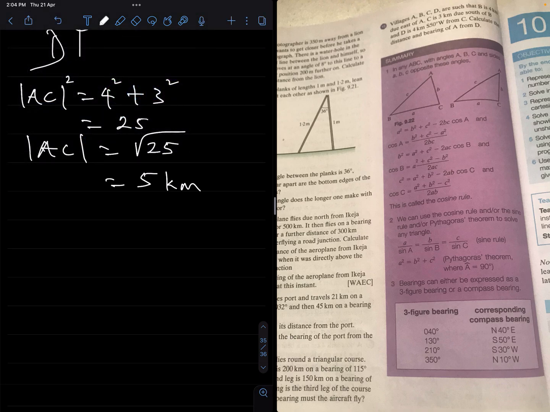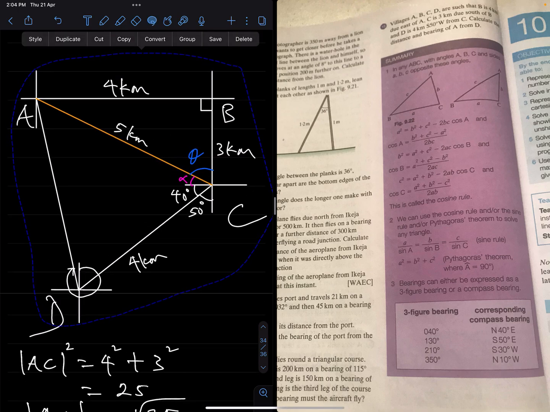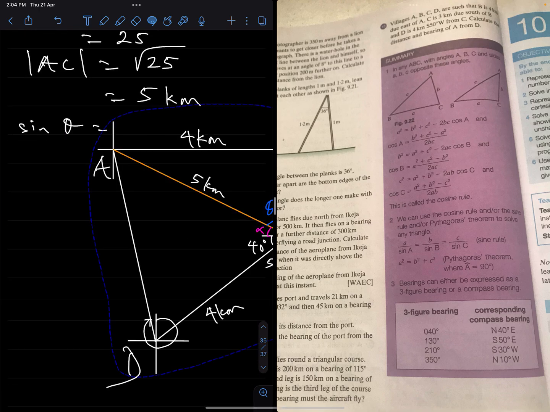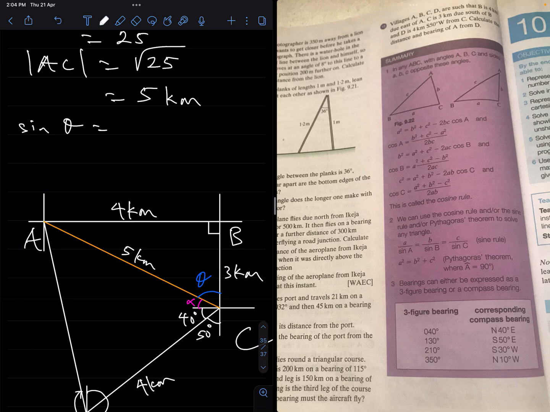I'm bringing the diagram down. Sine theta equals opposite, which is 4, over hypotenuse, which is 5.